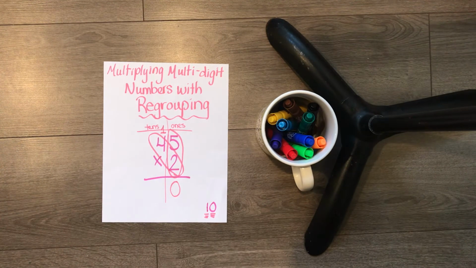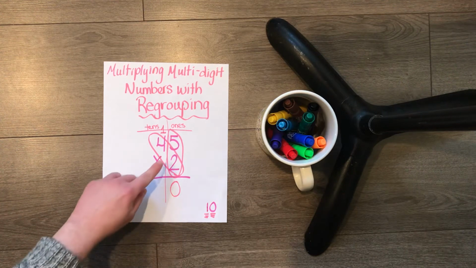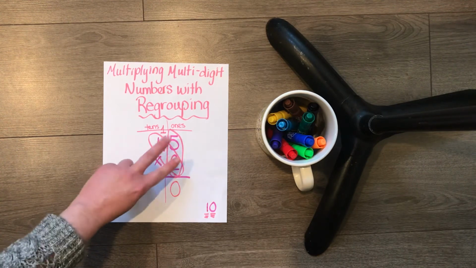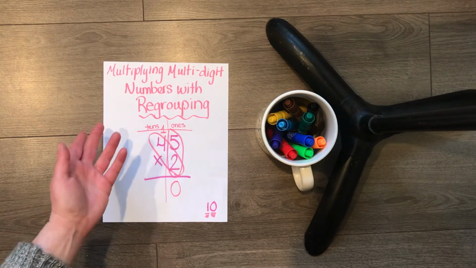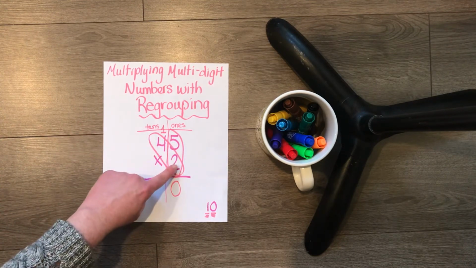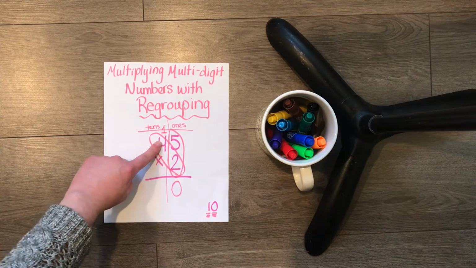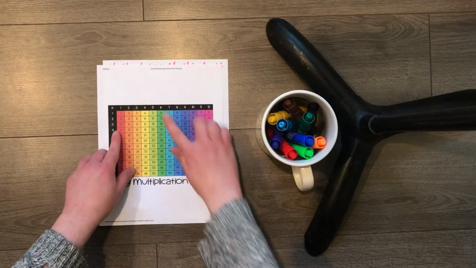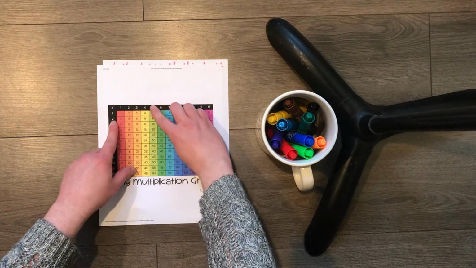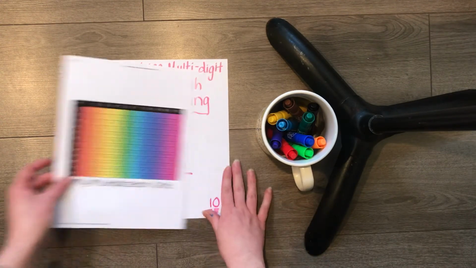Before I do anything with that 1, I'm going to go back to my multiplication facts. I've got 2 of them, remember? 2 times 5, that was 10. I answered that one. Now I'm going to multiply 2 times 4. 2 times 4 is 8.